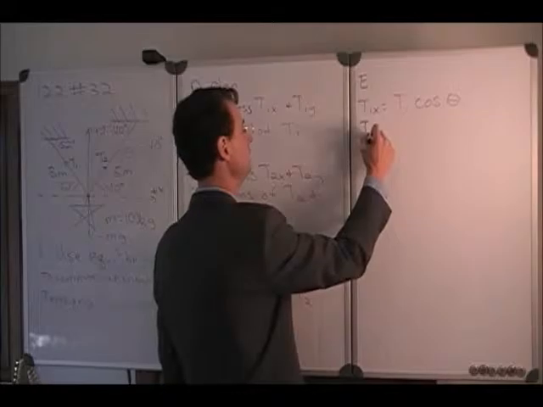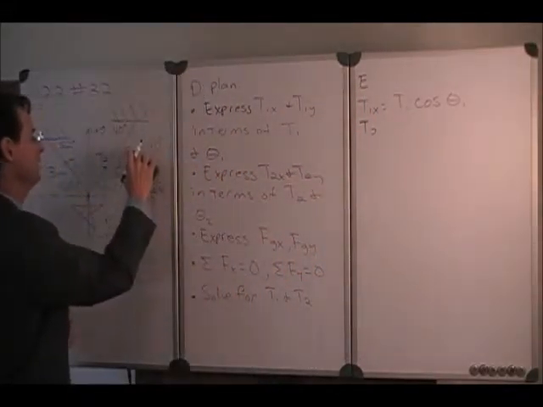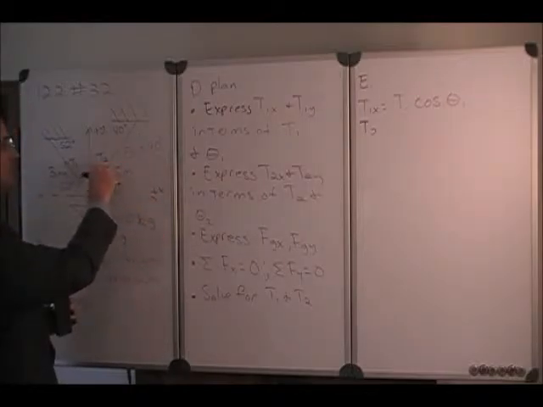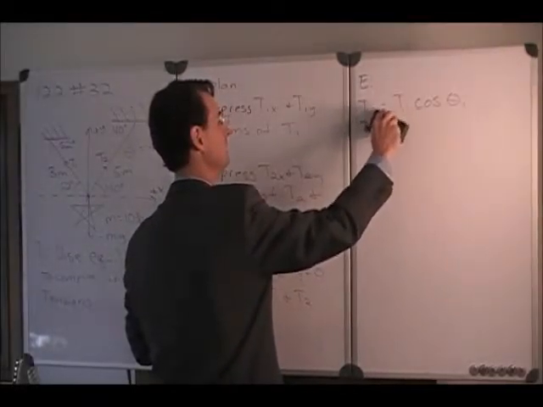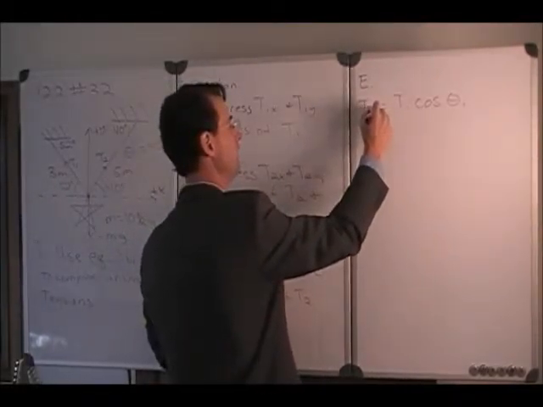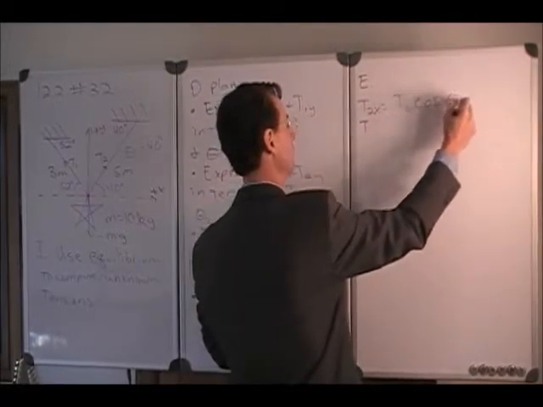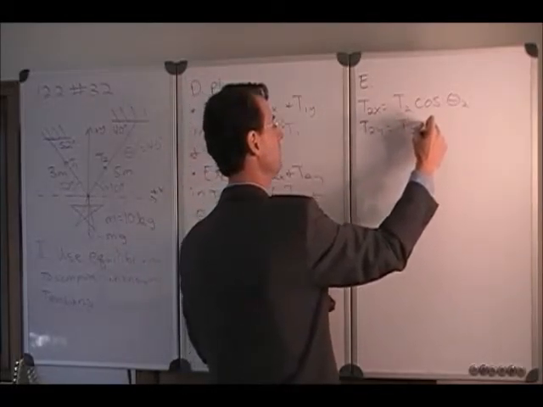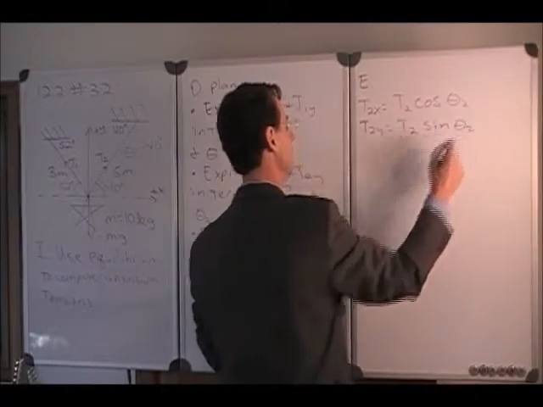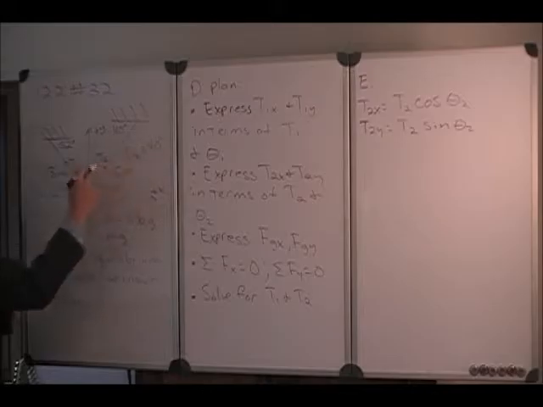Oops, now we have to be careful here. We've gotten a little confused because this is T2, and so T2x is equal to T2 times the cosine of theta 2, and T2y is equal to T2 times the sine of theta 2.